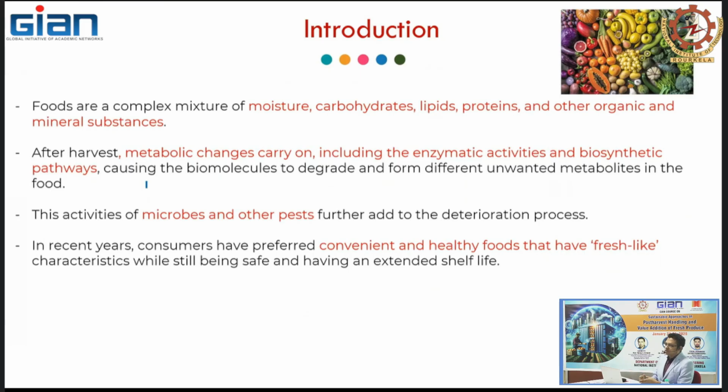Sometimes some changes may be desirable, like ripening, but some become a disorder for the product which was not expected, or there is quality degradation from microorganisms spoiling the products.